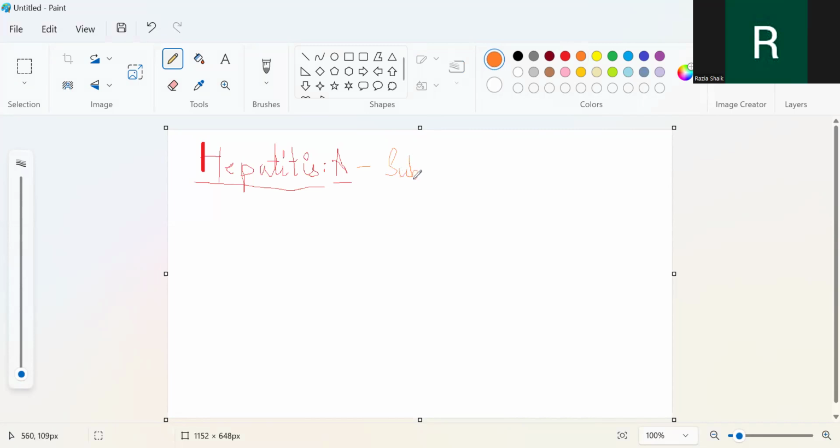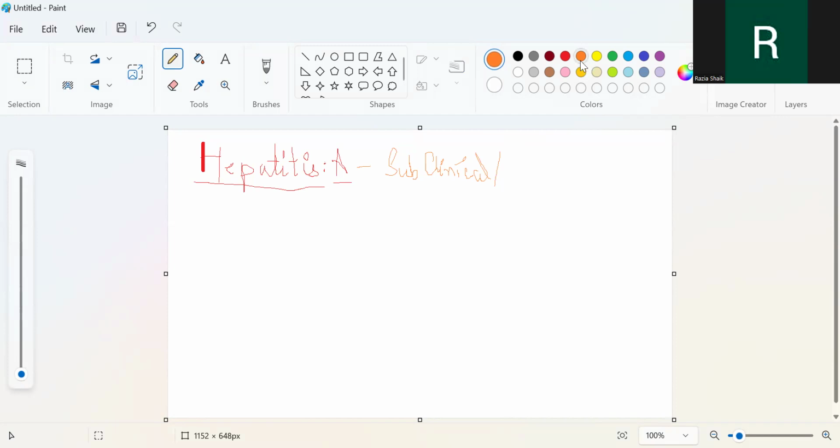Incubation period is longer. It will subside on itself. Okay. And then it will present with abdominal pain, nausea, vomiting, diarrhea, and so on.